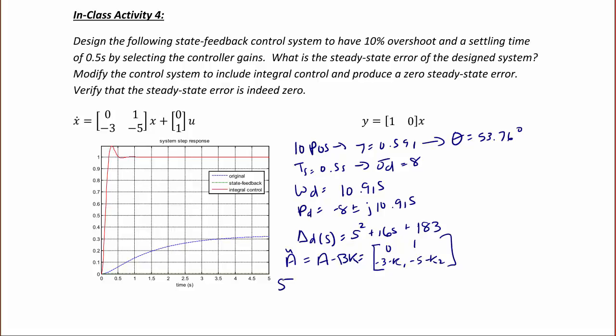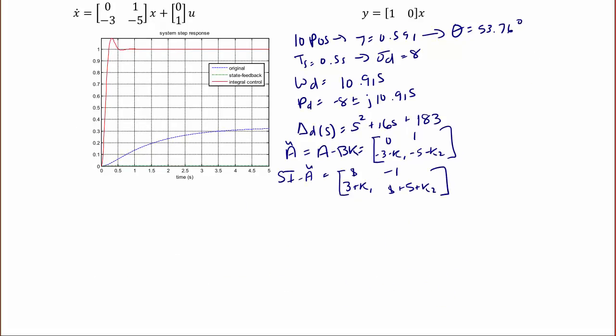So next we're going to find sI minus A tilde, which is [s, negative 1; 3 plus K1, s plus 5 plus K2]. Delta of s is equal to the determinant of sI minus A tilde, which equals s squared plus (5 plus K2)s plus (3 plus K1).